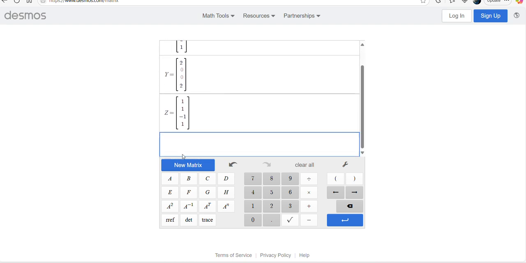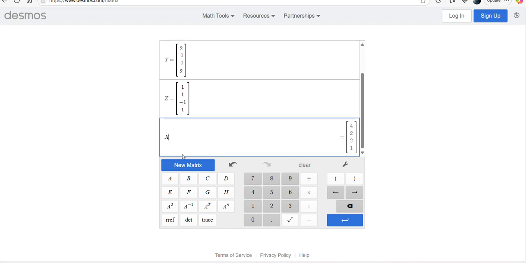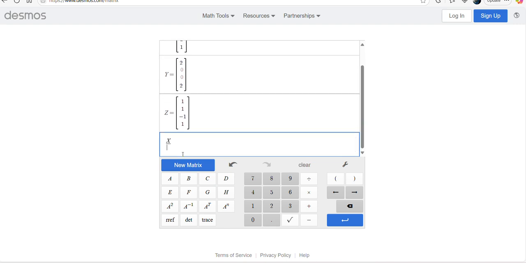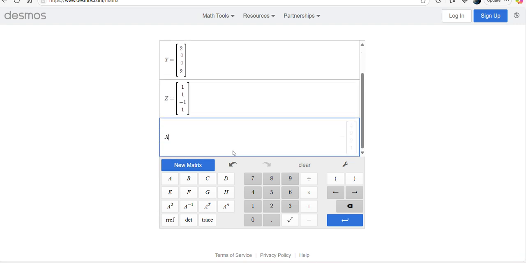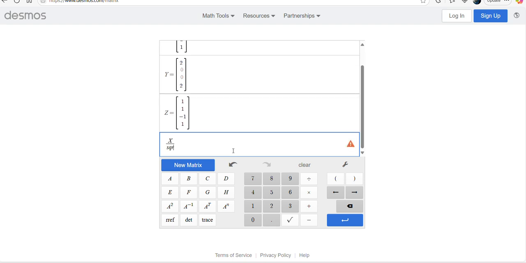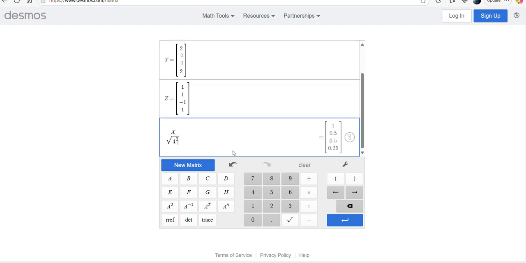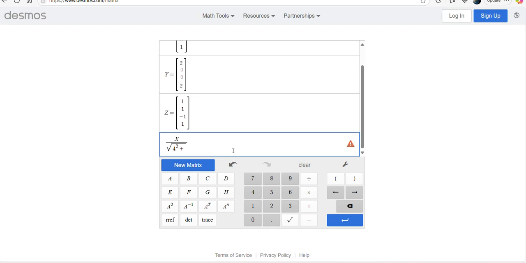So we need to normalize. Let's start with X. We can kind of do that on paper. X, the square root of 4 squared plus 2 squared plus 2 squared plus 1 squared, so 16 plus 4 plus 4 plus 1.